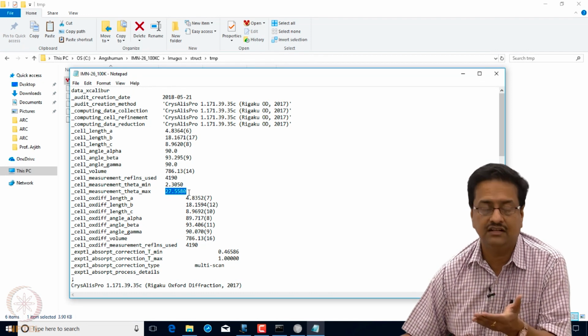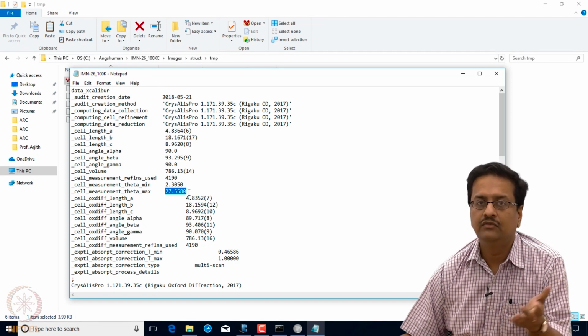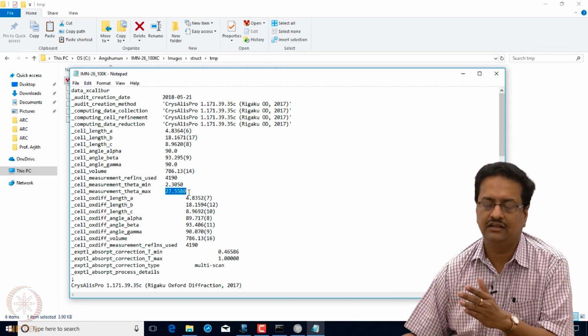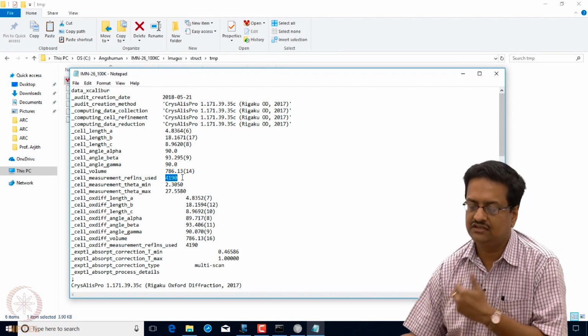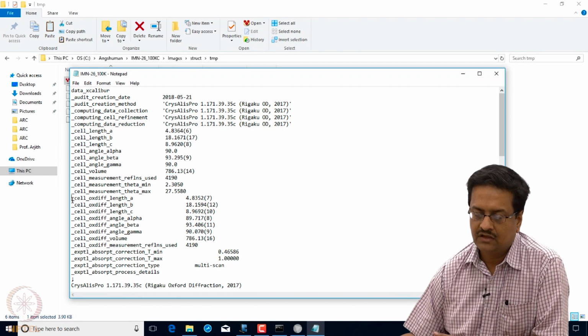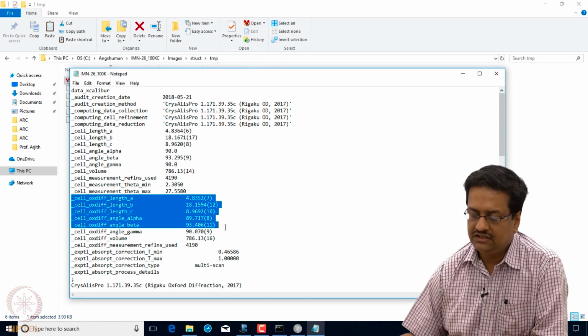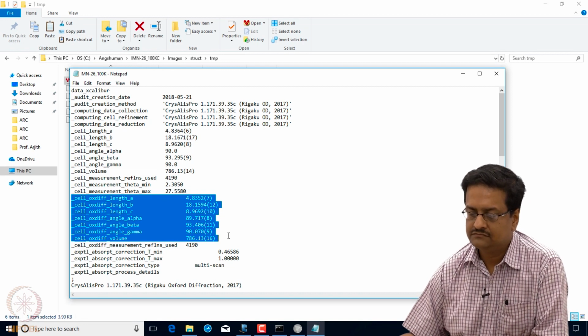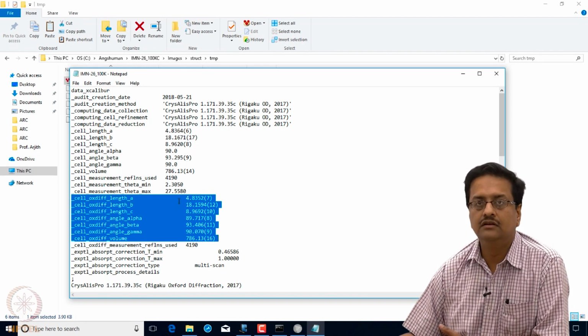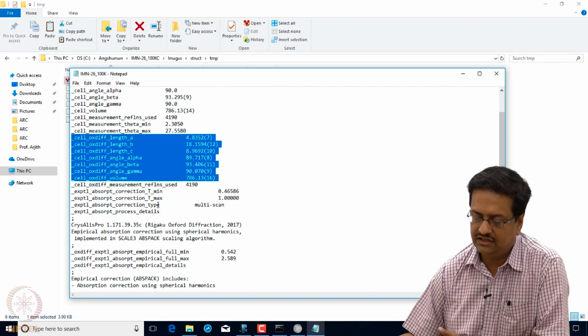When we started this software at the beginning, we read all the reflections that were recorded, so it gives you the total number of reflections based on which the indexing was done. And this is the final unit cell parameters after data reduction and refinement.